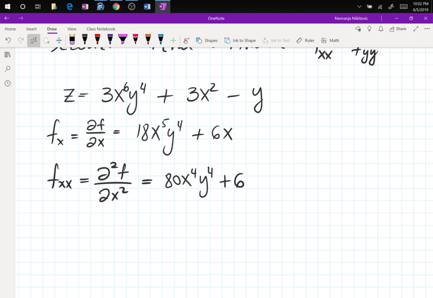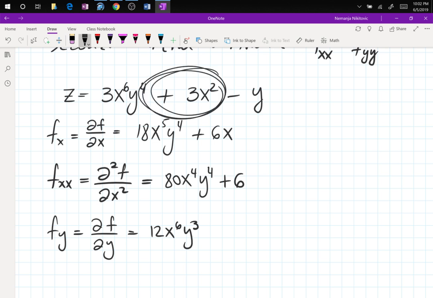Then we move on to fy, which is the partial of f with respect to y, and that is 12x to the 6, y cubed. The derivative of y to the 4 is 4y cubed, 4 times 3 is 12. The next term has no y, so that's 0.